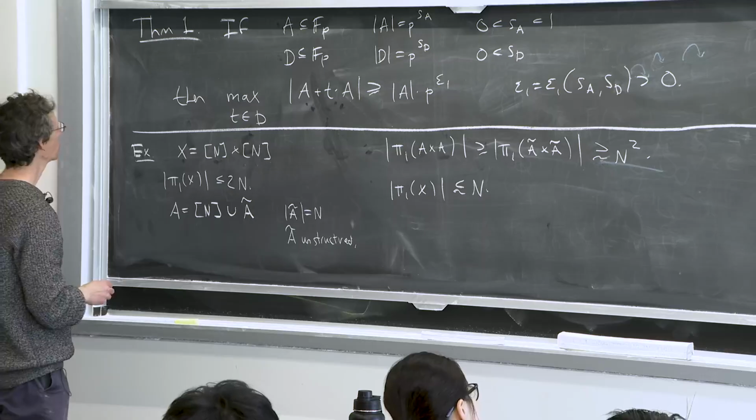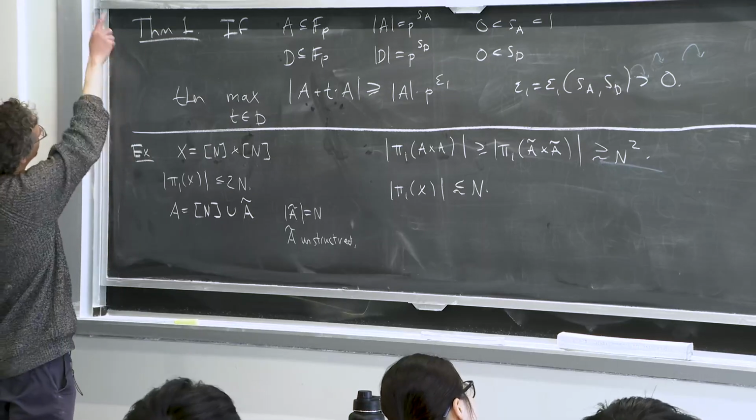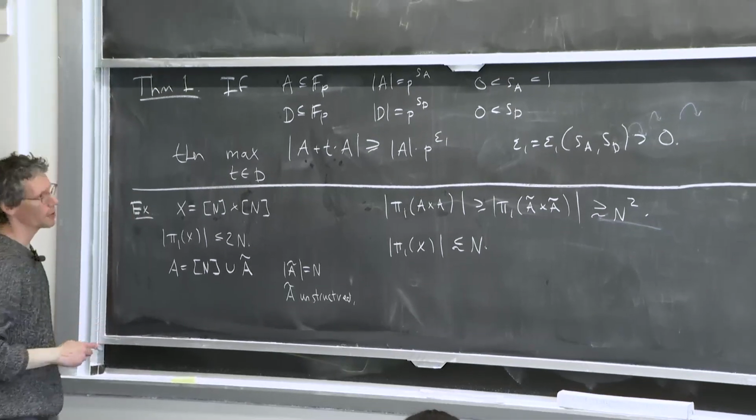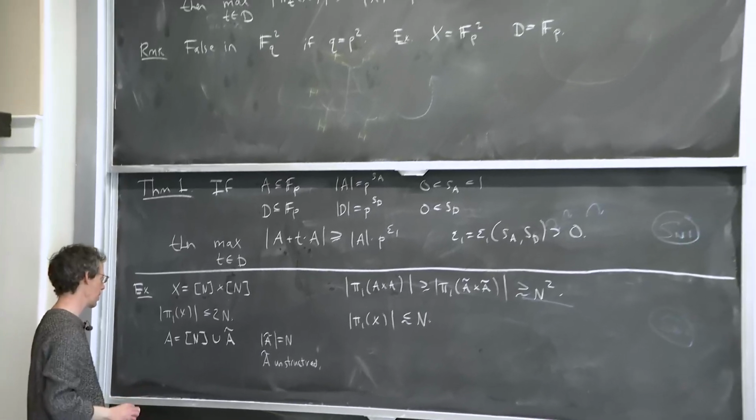OK. So the key to the proof of Bourgain-Katz-Tao is a theorem from combinatorics called the Balog-Szemerédi-Gowers theorem.